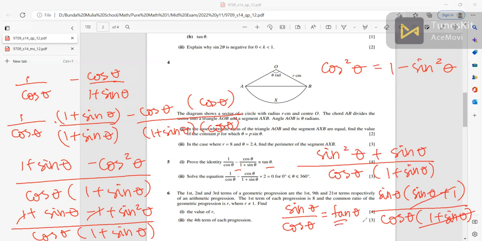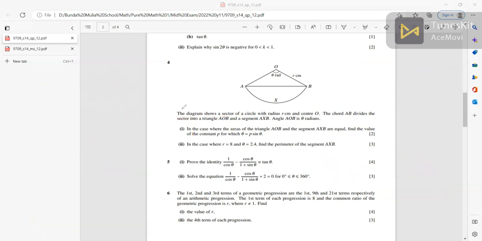Okay. For the second one, if we meet this kind of question, the second one is always related to the first one. So we shall use the answer of the first question to answer the next question.